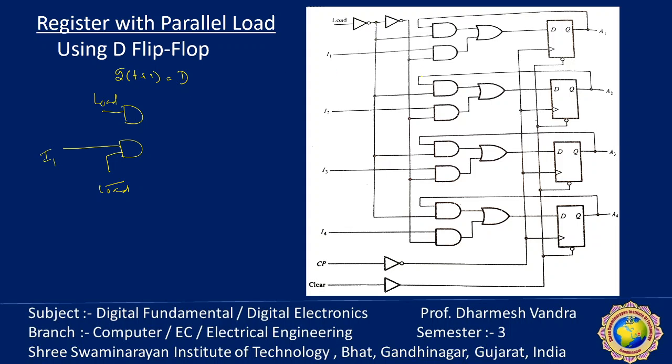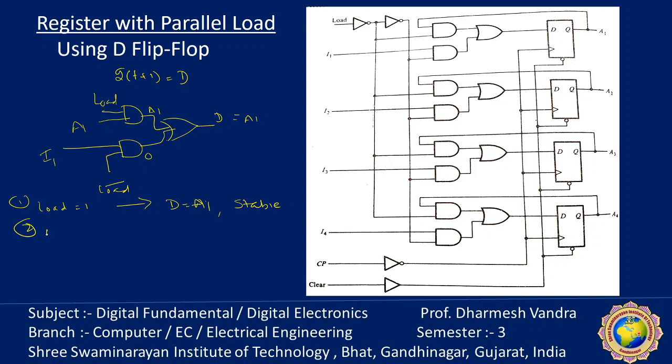Here I1, and the second is A1, and both are ORed and given to D. Now when load equal to 1, first load bar is 0, so D is equal to A1. D is equal to A1, and A1(t+1) is equal to A1, so it is in a stable condition, it holds the data information.